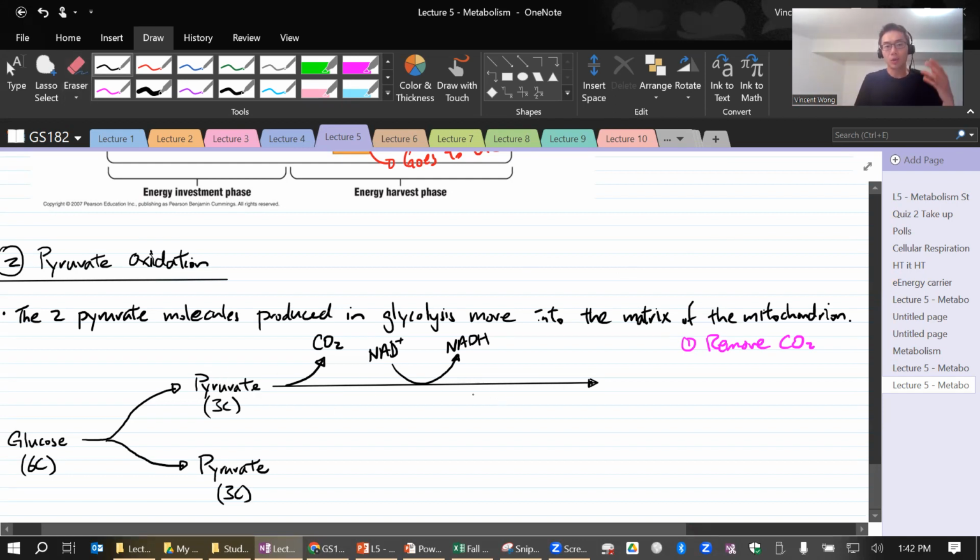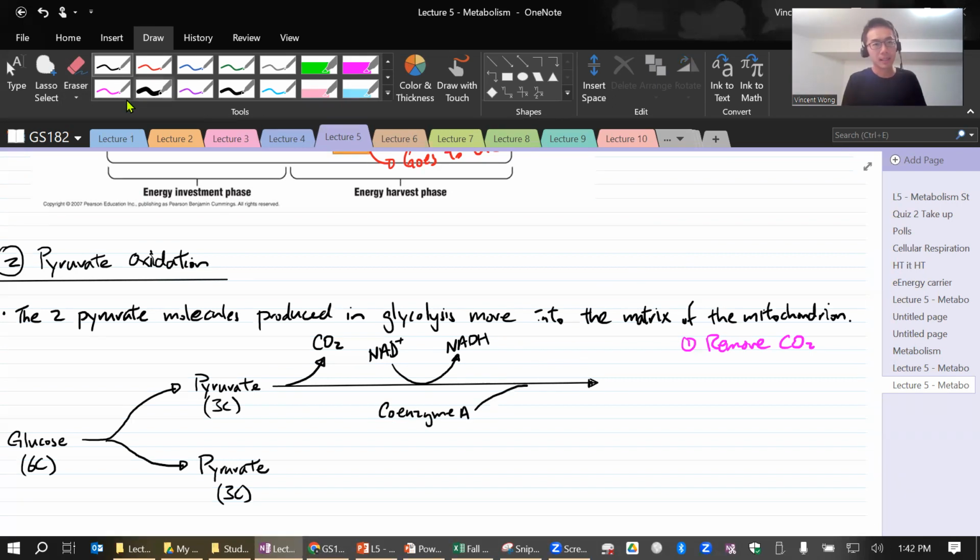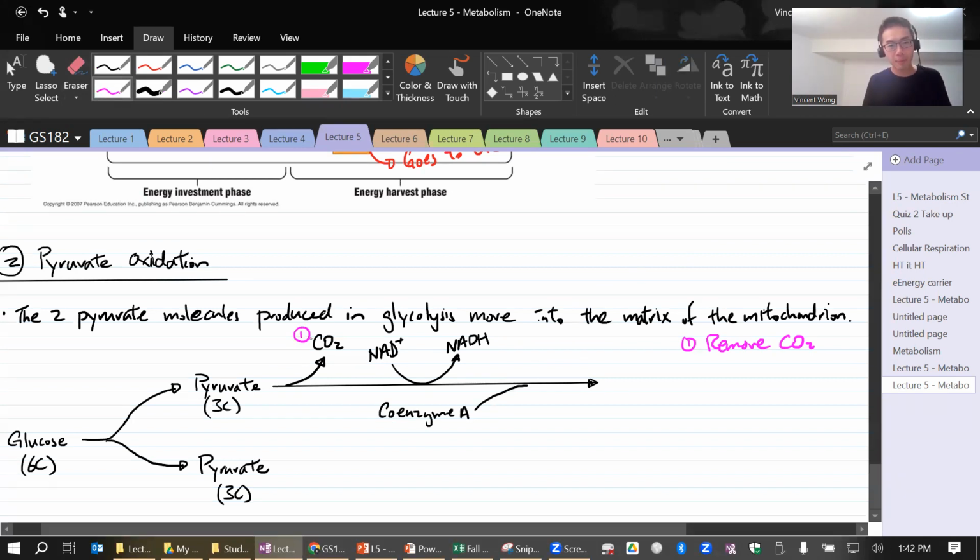The molecule is not really willing to react further, and so we're gonna energize it. We're gonna energize it by adding something called coenzyme A. So three things happen. First step, remove carbon dioxide. Step two, produce NADH. That's just capturing the electron.